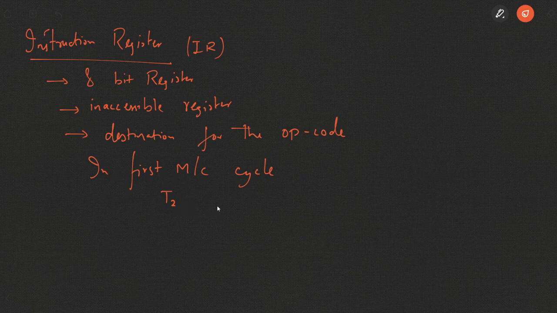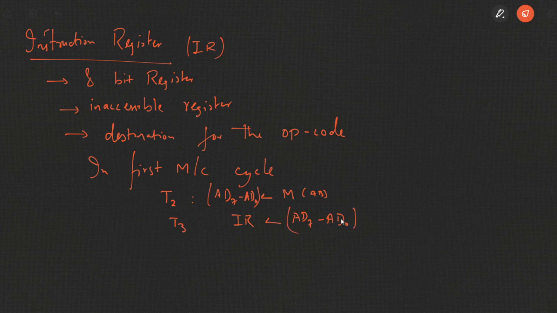But in the T2 state, once the address lines are free, the opcode will be fetched onto the data bus, AD0 to AD7, and in the T3 state, the instruction register will be fed with the data that's carried by the data bus.